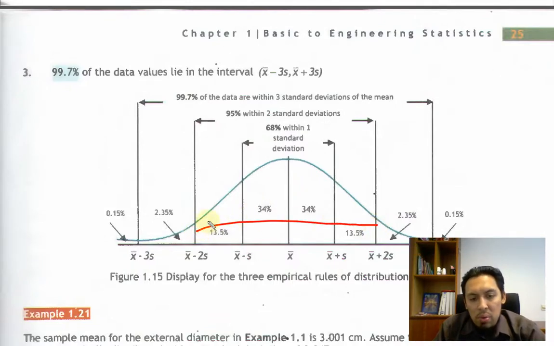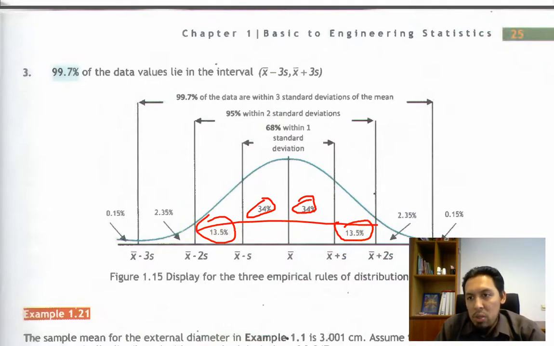So if you add all of these values, you will get 95%. So we can confidently say that 95% of our data fall within this range.